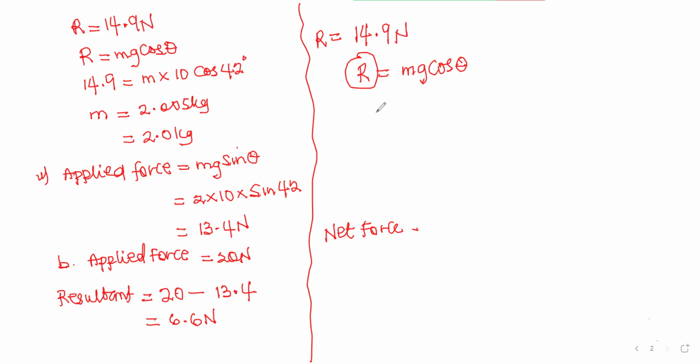So 14.9 is equal to the mass, which is unknown, times acceleration due to gravity 10, times cosine of the angle of inclination, cos 42. So what is cos 42?